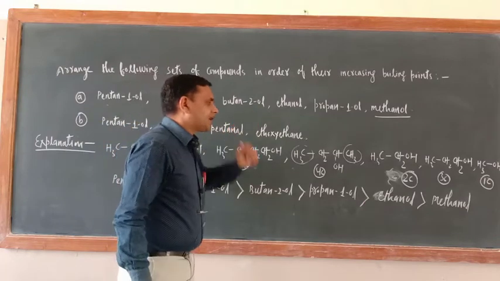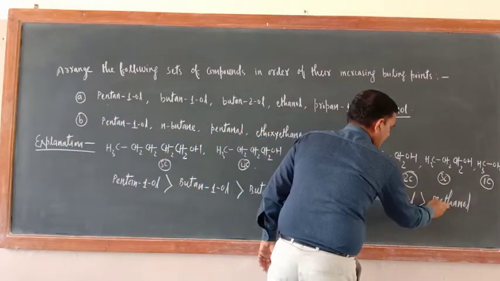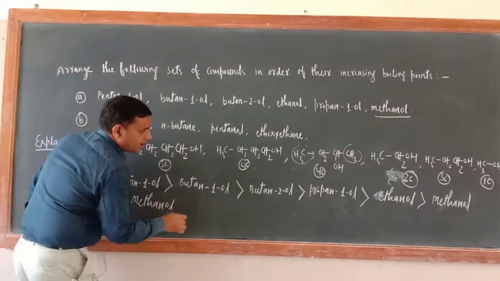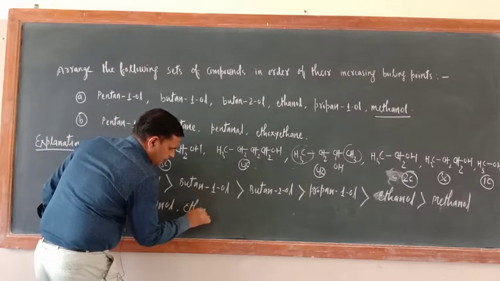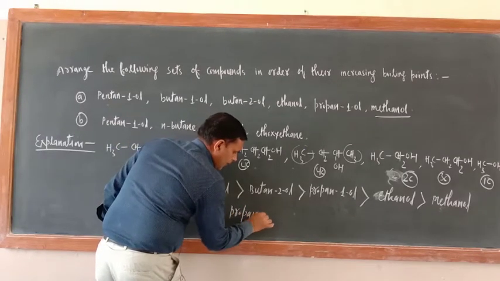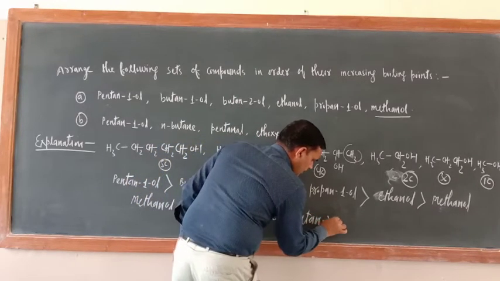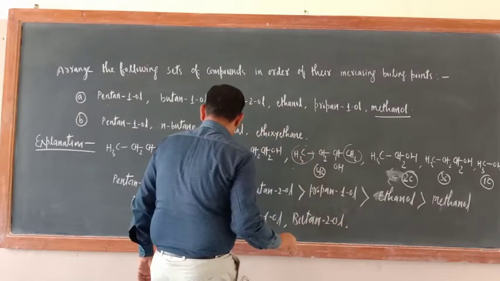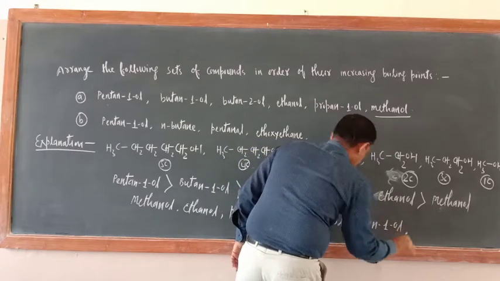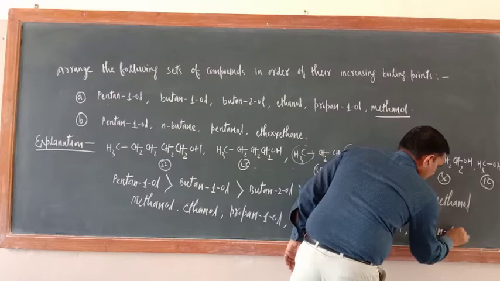So what are they asking? Increasing order. Increasing order means, starting from the least, methanol, then ethanol, then propan-1-ol, then butan-2-ol, then butan-1-ol, and the last one is pentan-1-ol.